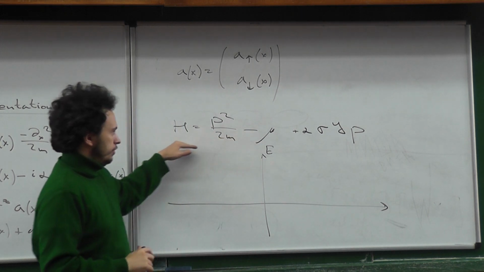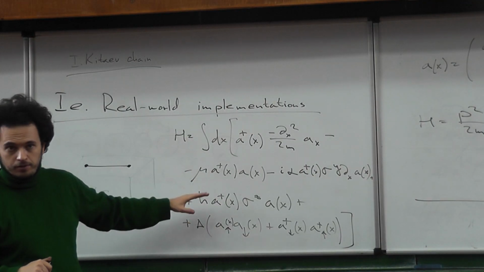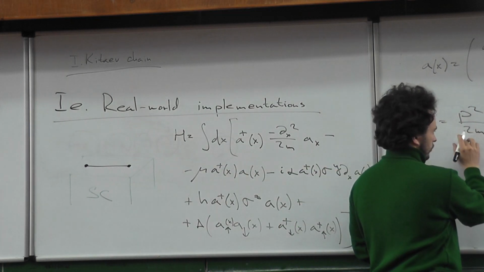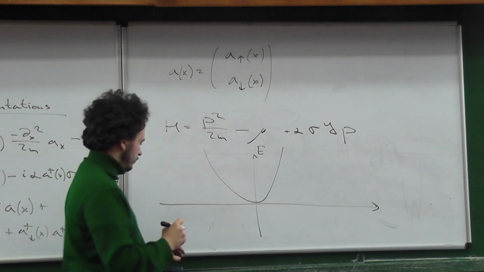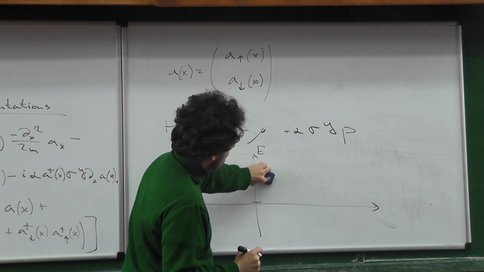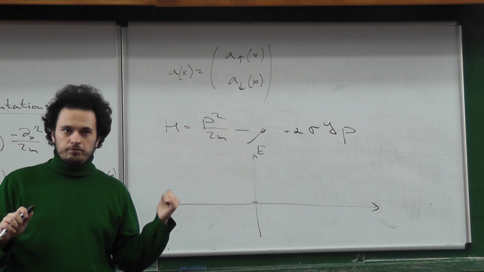So we can draw the energy of this Hamiltonian. I remind you, I dropped the last two lines for now. The first term is p squared over 2m. Don't draw it with me, you'll draw the picture at the end.